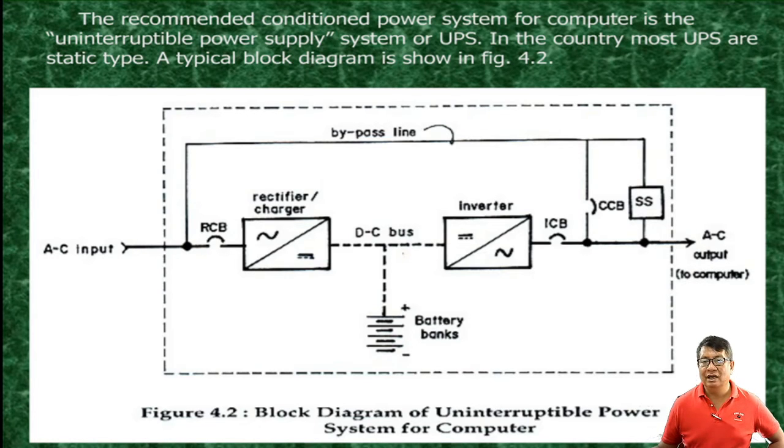So, we have this inverter that converts DC to AC, from your battery. For example, now, it will run here. So, the battery will charge. When there is an interruption, the battery will supply our computers.